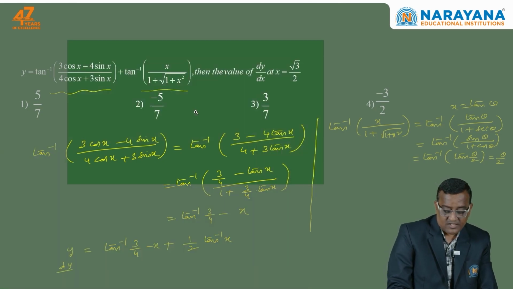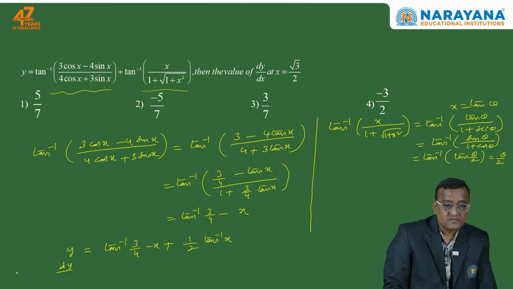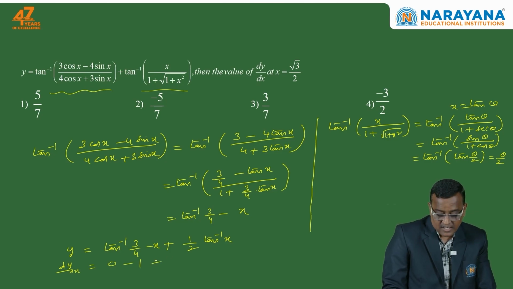So the derivative of a constant is 0, x derivative is 1, and tan inverse x derivative is 1 by 1 plus x square.